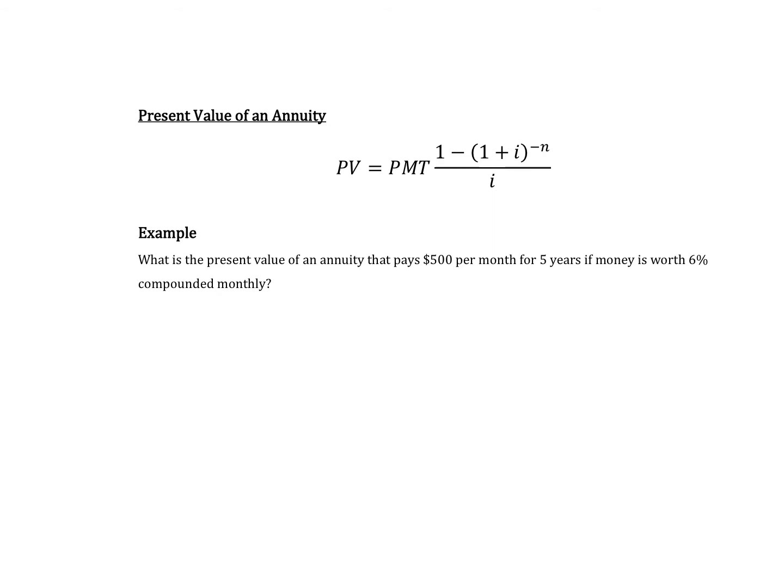So we set it up like this. We're looking for the present value, which is equal to my payments. I'm paying $500 per month, so this will be PMT. Then I have my years, T is equal to 5. Then I have how often I'm compounding, monthly, so my M is equal to 12.